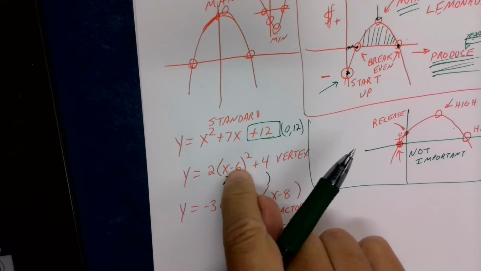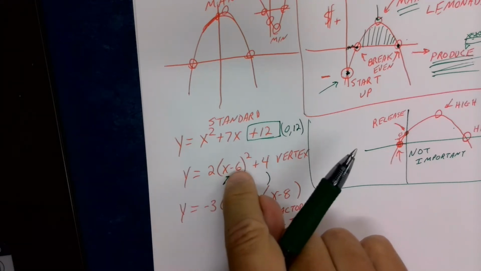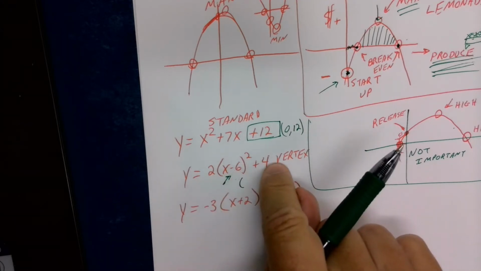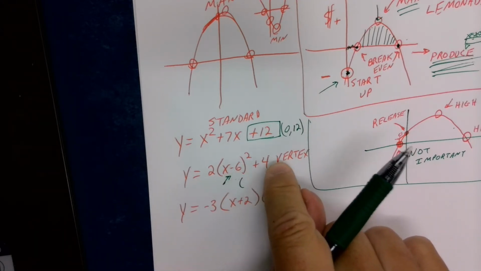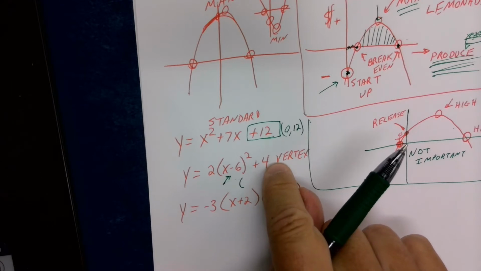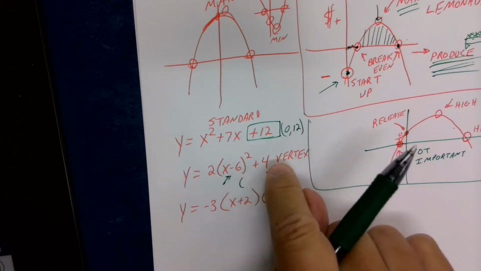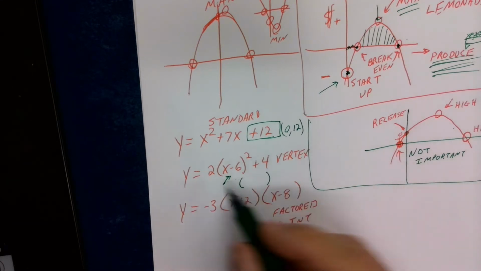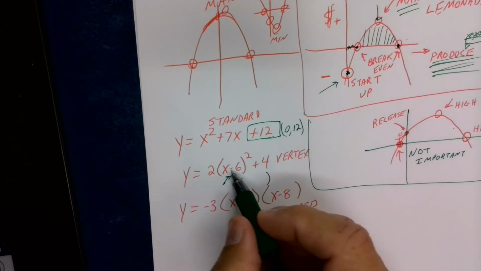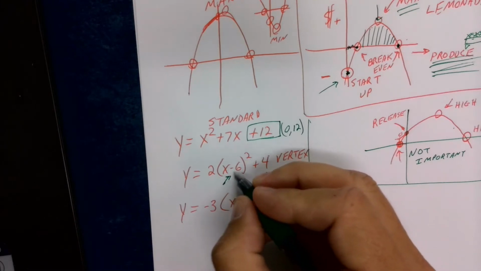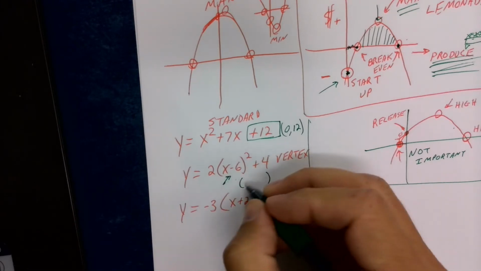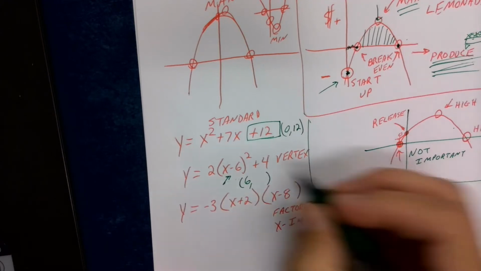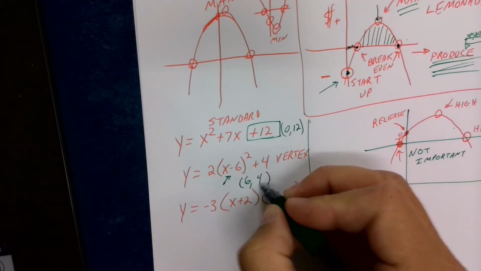It could be plus or minus nothing, and then we'll have something else over here on the side, and it still could be plus 0. But it's going to have some plus or minus outside of the parentheses that are being squared. So if I have that form, then I know automatically that the vertex is at the opposite of whatever this is, 6. So if this is a negative 6, we know it's at 6. And whatever this is, 4. So (6, 4).